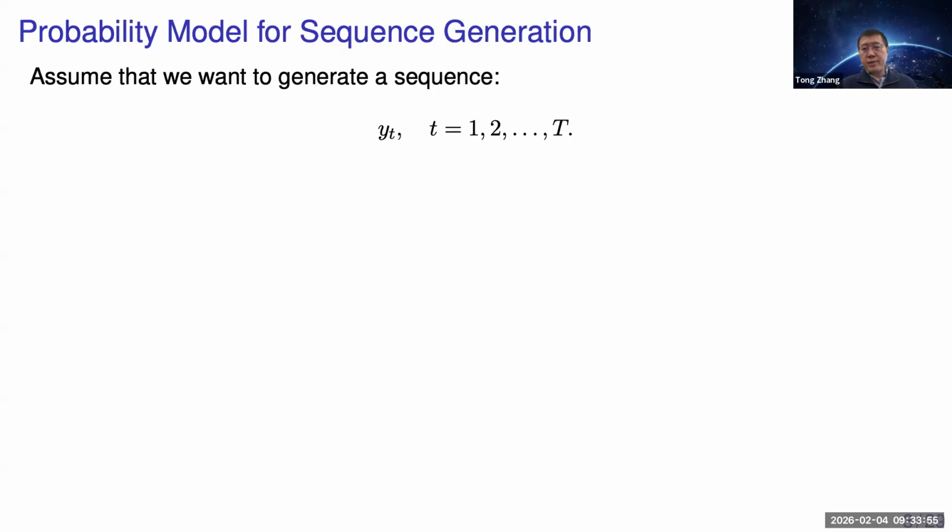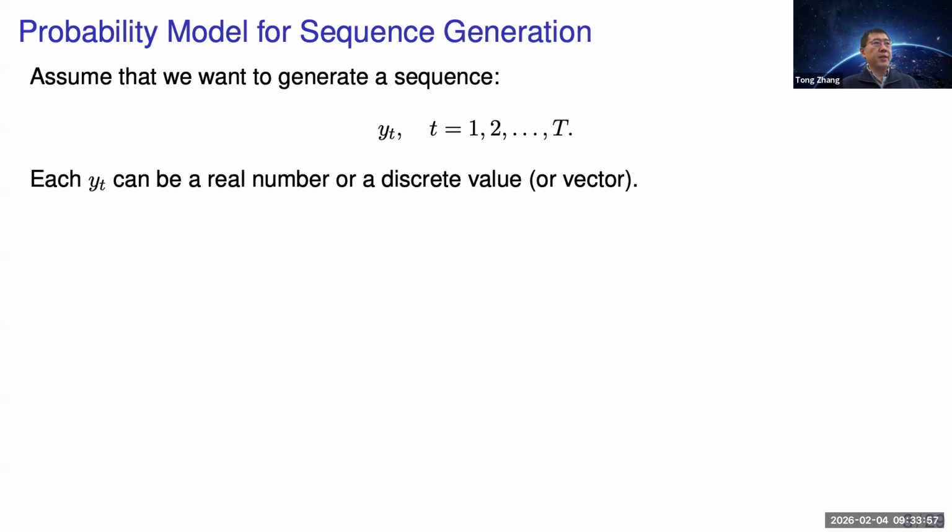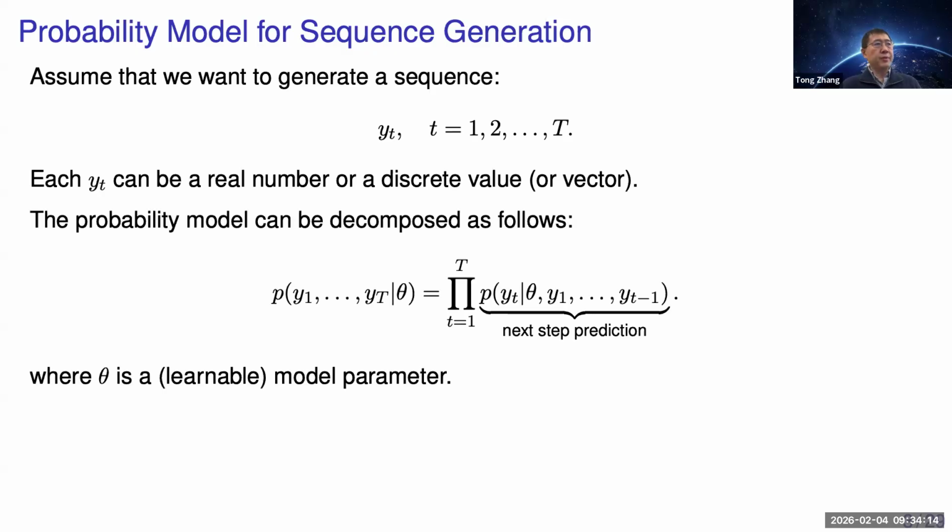So this kind of sequence is focused especially on discrete values for this class. In this class, we are looking at discrete values because those are the tokens. Those are the subject of text generation, right? So we do that. And here is the decomposition.